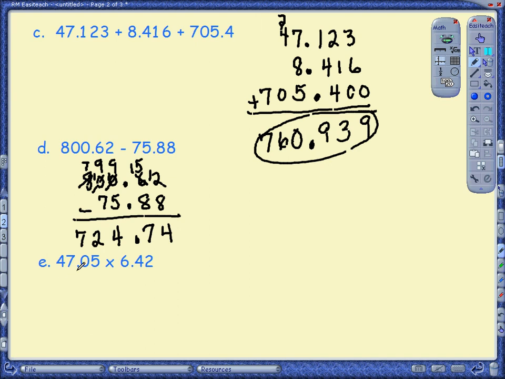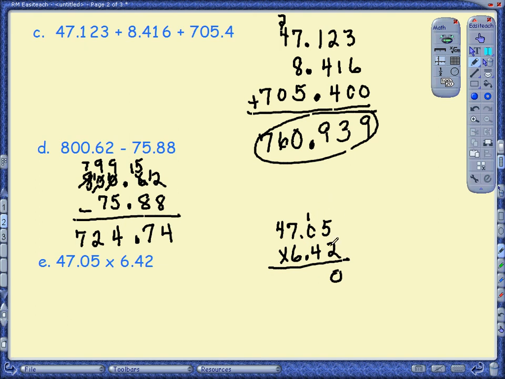Okay, now when we multiply decimal numbers, we really don't have to worry about lining up decimal points. We have to worry about the decimal points at the end of the problem. So I'm going to multiply. It's usual, like when you have whole numbers, to put the smaller number underneath. 2 times 5 is 10.